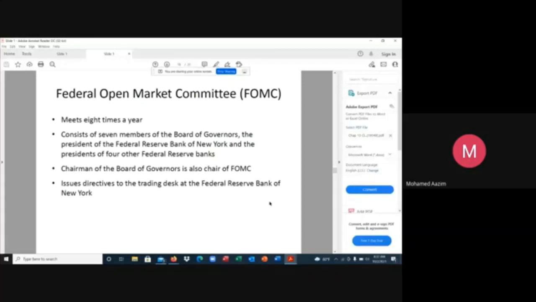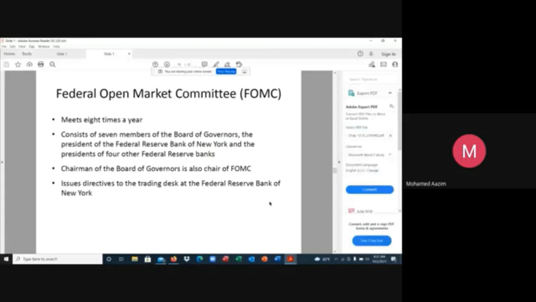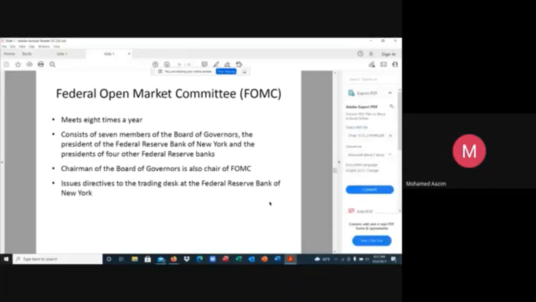New York is the center of world financial markets. So the open market desk of the New York Fed Reserve is the most active open market desk throughout the world, and they make decisions on trillions of dollars every day and implement them.